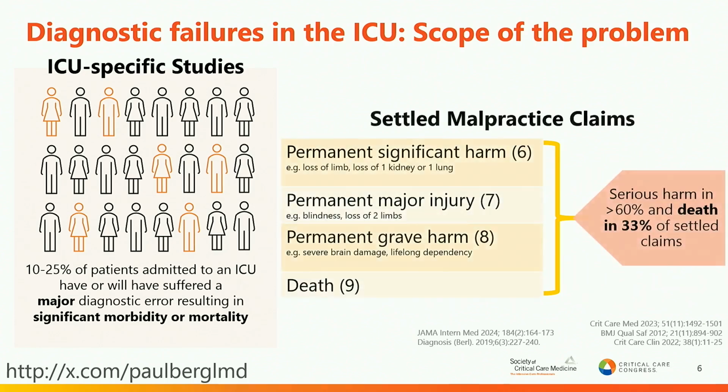If you look more broadly at settled malpractice claims, diagnostic errors are the largest source of settled malpractice claims in the United States, and they're not inconsequential. Serious harm is found in greater than 60% of them, and death directly attributable to diagnostic error is found in 33% of these settled claims.